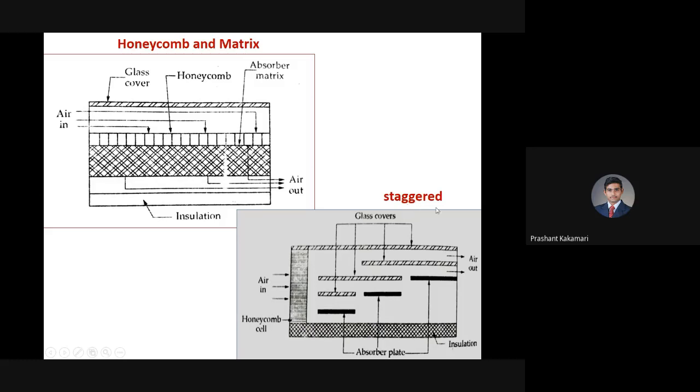Then we discussed the staggered type of absorber plates, connected so that in multiple layers the air may be heated up to given temperatures. As you increase the length of the absorber plate, the temperature added to the air is also more. So for different chambers, different temperatures can be maintained by the number of glass covers and absorber plates. That is the staggered type of air collector.